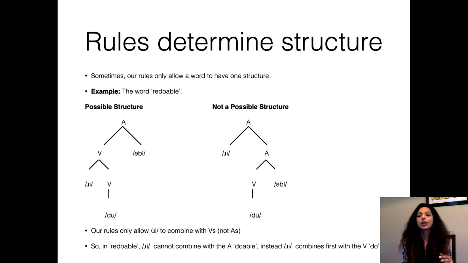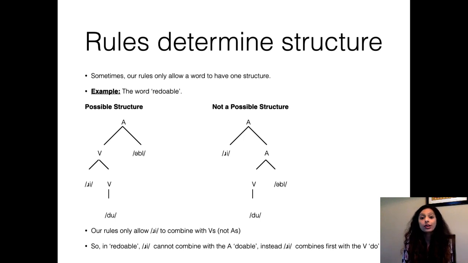The other structure where you take do and able and then you attach re to it is not a possible structure. The reason is because re, the prefix, is actually looking for a verb to attach to and not an adjective. And therefore, when you attach do and able at the beginning, what you derive, doable, is actually an adjective and not a verb.